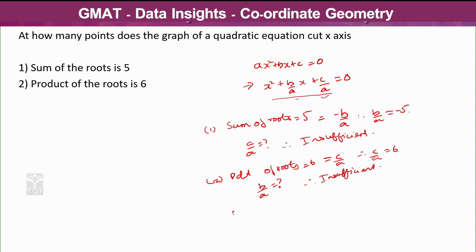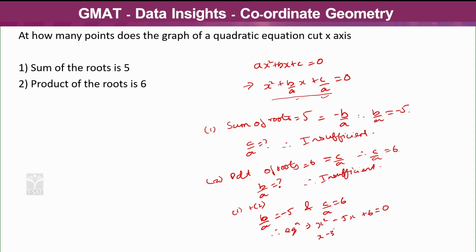Now looking at statements 1 and 2 together, you have the sum of the roots, that is b by a will be equal to minus 5 and the product of the roots given c by a is equal to 6. Therefore you can write the equation as x square minus 5x plus 6 is equal to 0, and you can find the points.